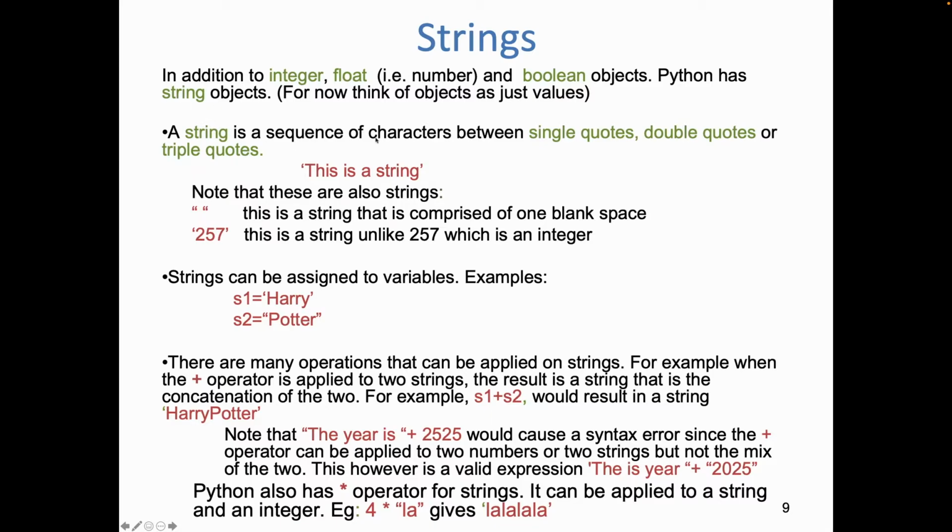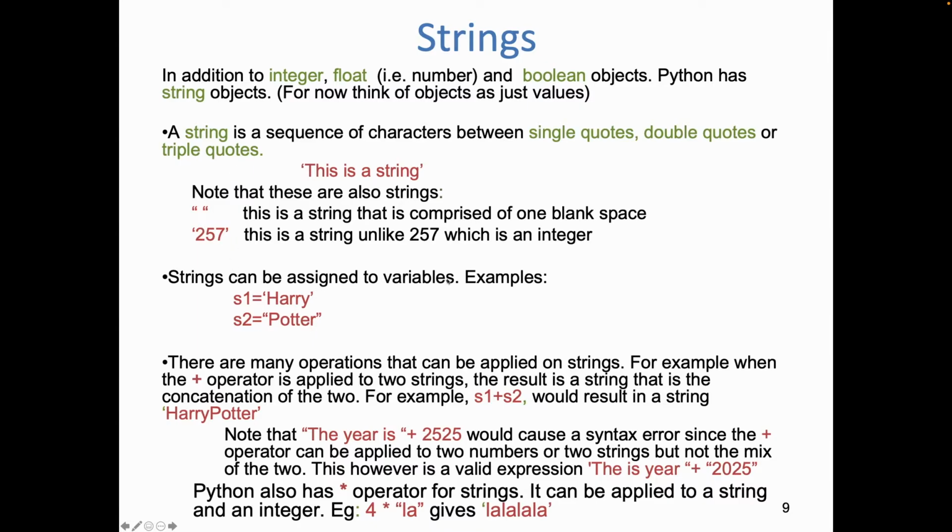A string is a sequence of characters between single quotes or double quotes or triple quotes. Like here, this is a string. This is also a string. This one is also a string. This one is a string, but with a blank space. This one is a string with an integer.